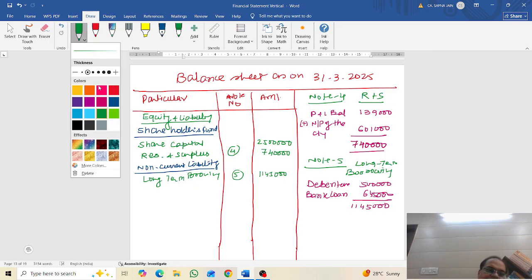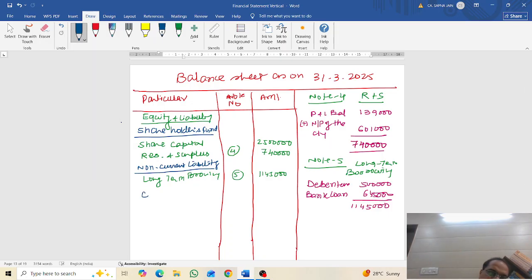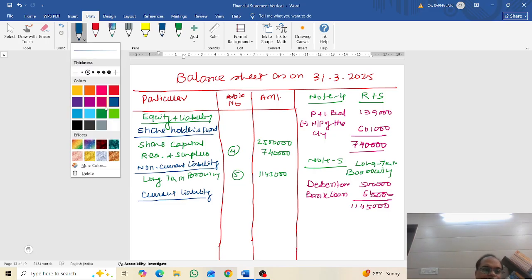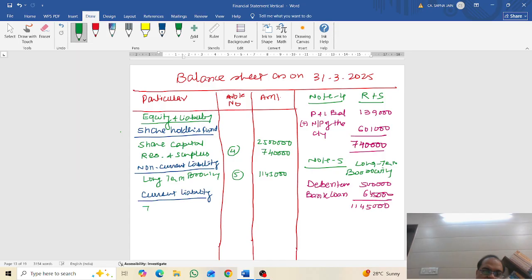Now the next heading is current liability. Under the current liability, again 4 heads are given: short-term borrowings, number second trade payable, number third other current liabilities, and number fourth short-term provision. Out of 4, only trade payable is given in the question.